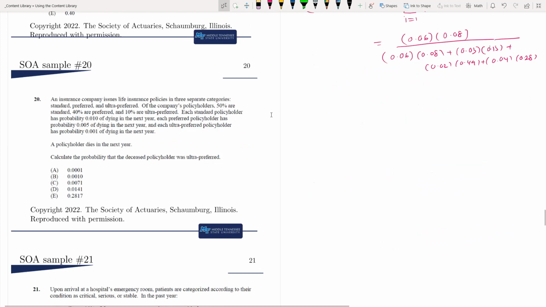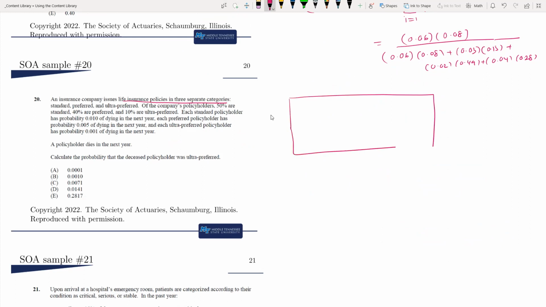So here you can see another example. This one says a company issues life insurance policies in 3 separate categories. So you have your sample space divided into 3 categories. One is standard, the other one is preferred, and the other one is ultra preferred.